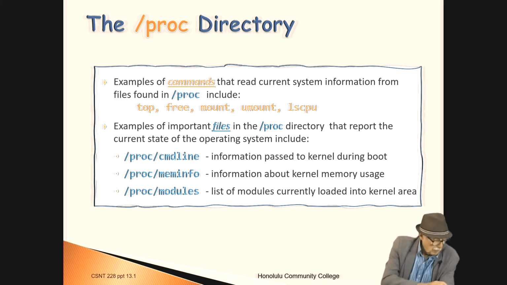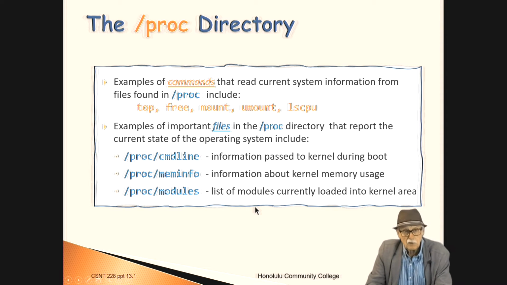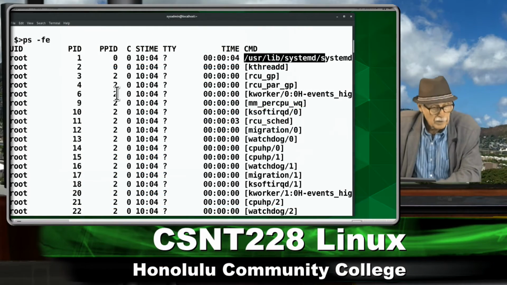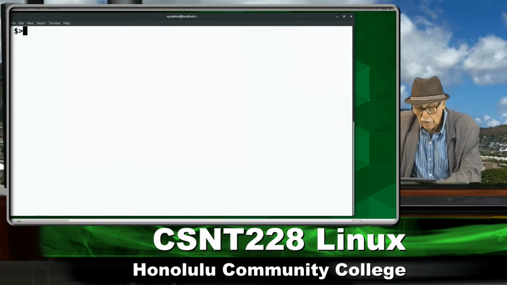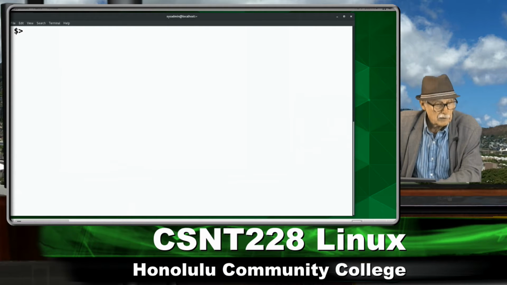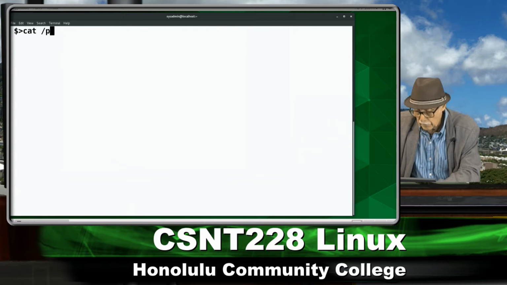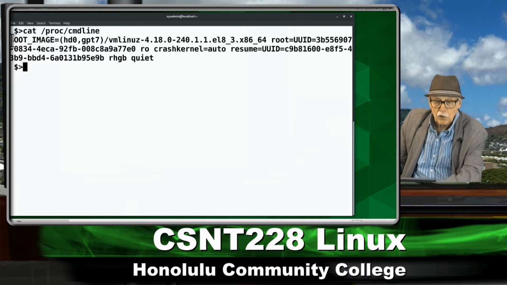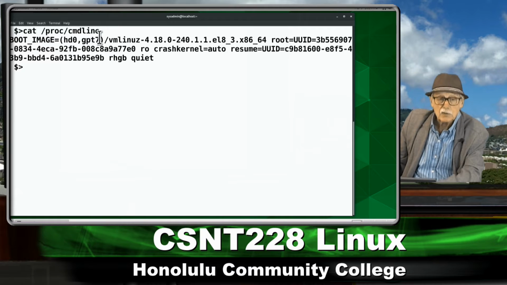If we were to take a look at that, I'll clear the screen here, and we could just do a cat of /proc/cmdline. This shows BOOT_IMAGE equals (hd0), and this is the place on the disk.